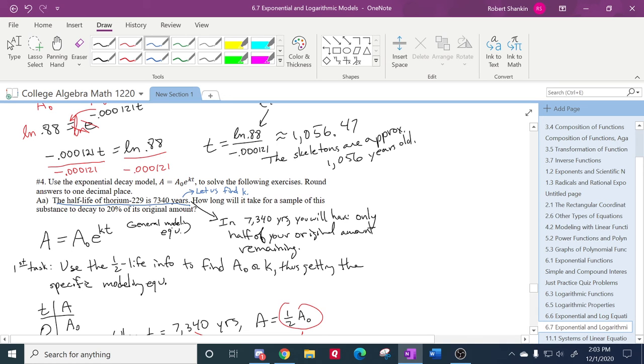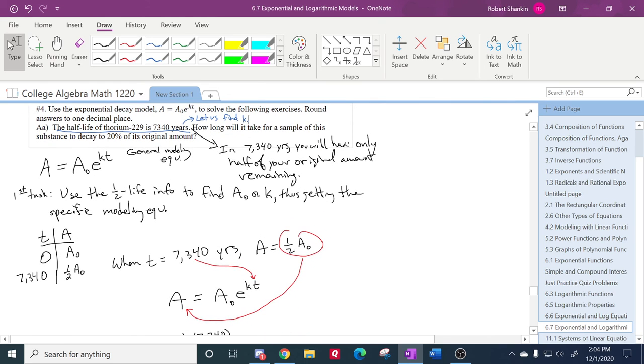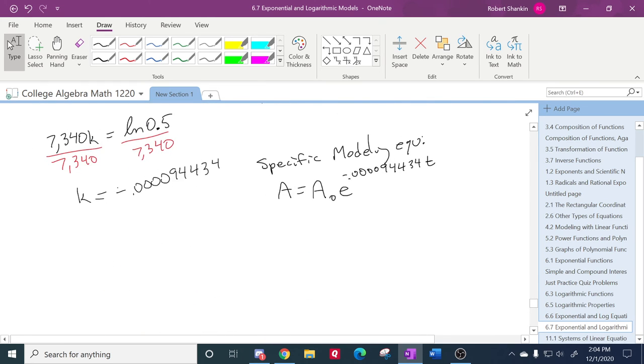And now I'm going to go to the next part. How long will it take for a sample to decay to 20% of its original amount? Alright. How long to decay to 20% of original amount?